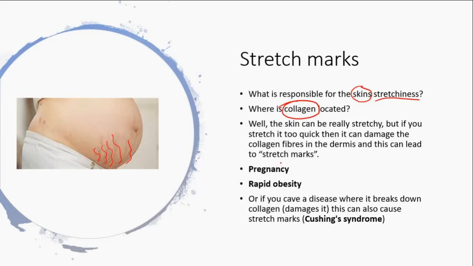So that's why in pregnancy, for example, some women do get stretch marks, because the collagen in that area of their body was not strong enough or abundant enough to accommodate that stretch in their abdomen. Also, as I said, rapid obesity is another cause.